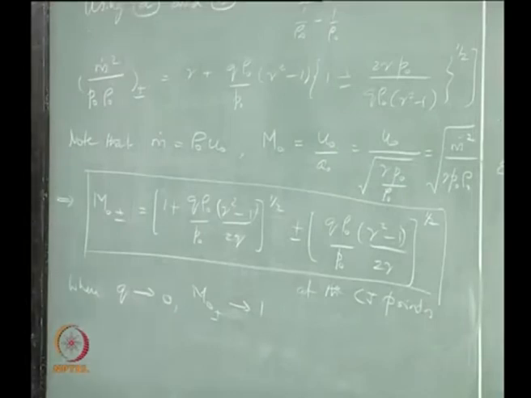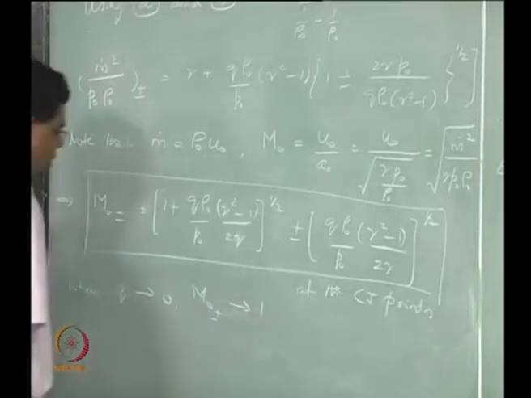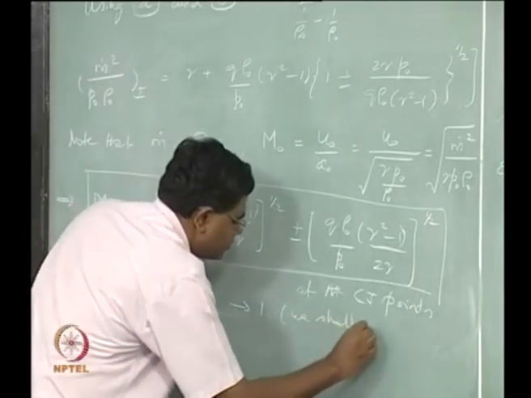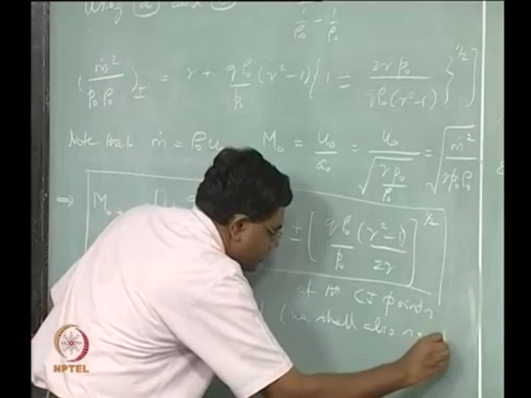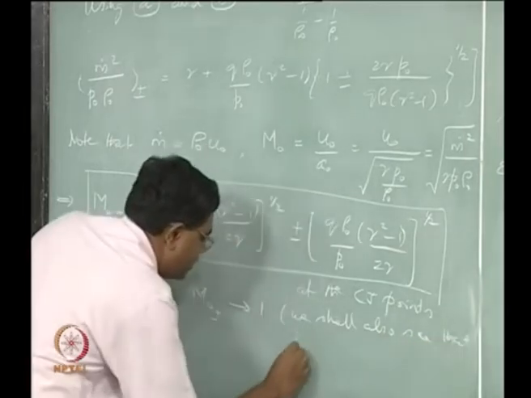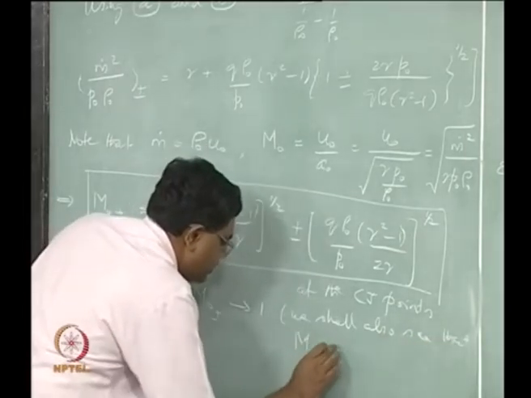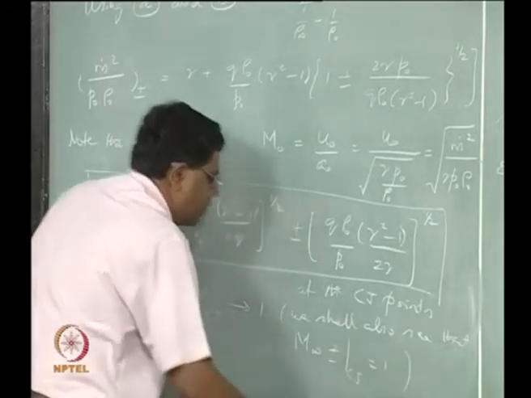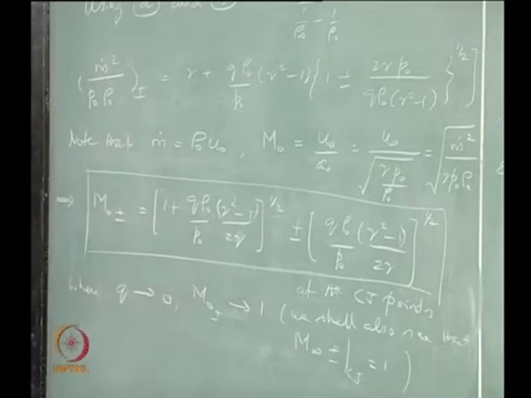And we will also see that M infinity plus or minus 1 at CJ points equals 1. That's something that we will do next.